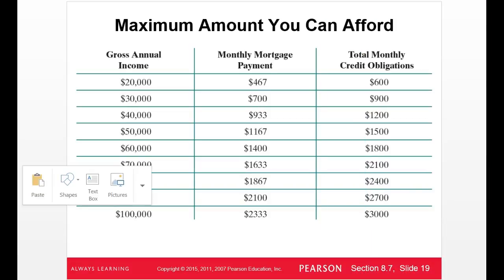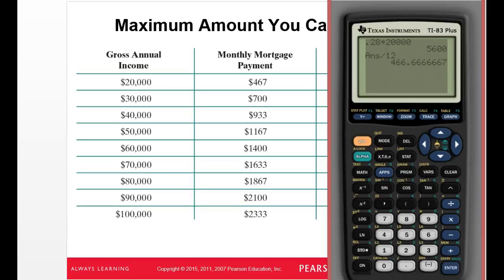Okay, the monthly credit obligations: we take the 0.36 instead of 0.28, multiply by the 20,000, and divide that by 12.